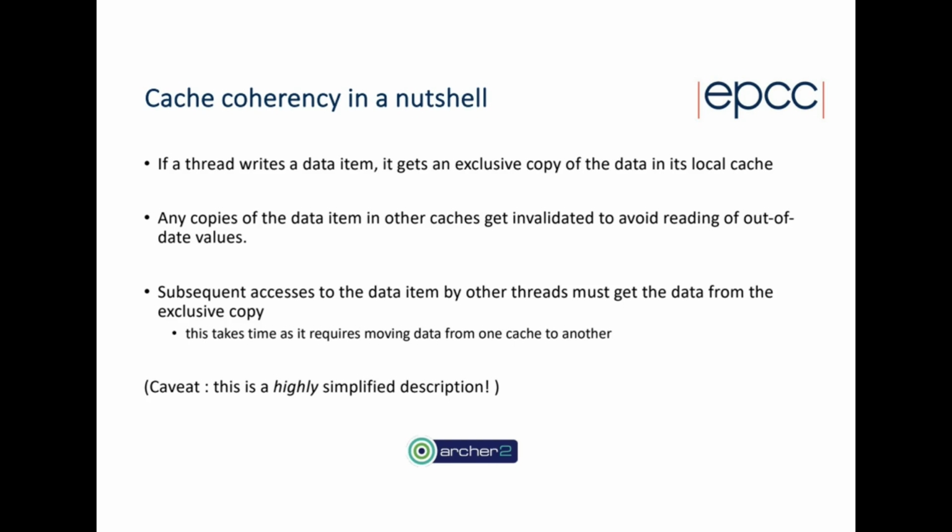But all this takes time because it requires moving data from one cache to another, or between caches and main memory, or at least between caches and the last level cache, the shared cache. Okay, so that's a very simplified description of what's going on. The reality is much more complicated, but at least that gives us a reasonable picture to reason about the behavior of programs.